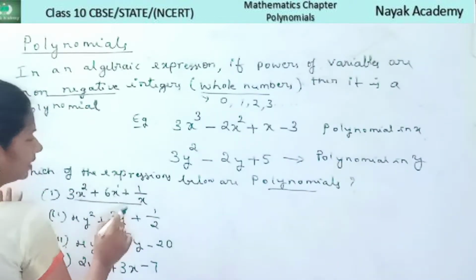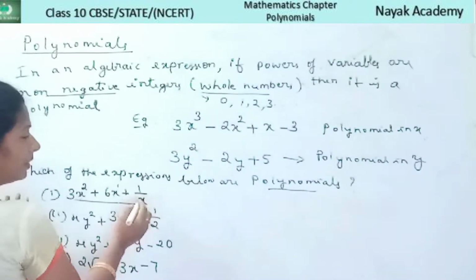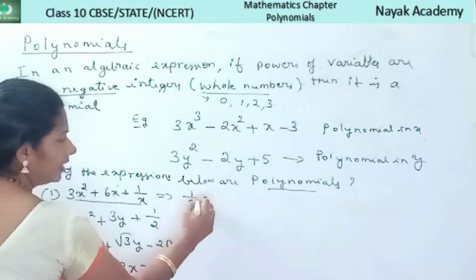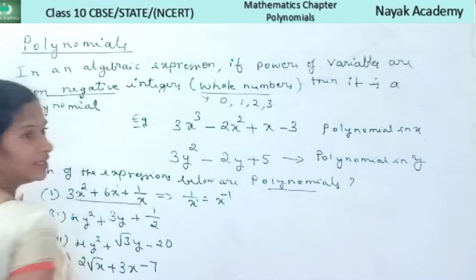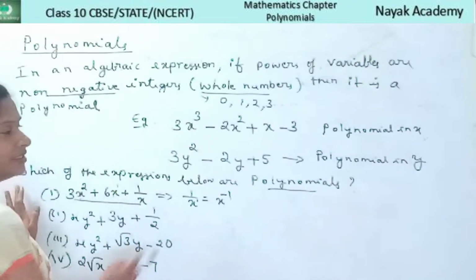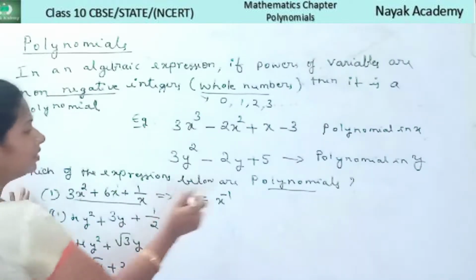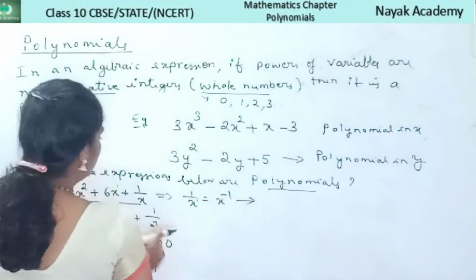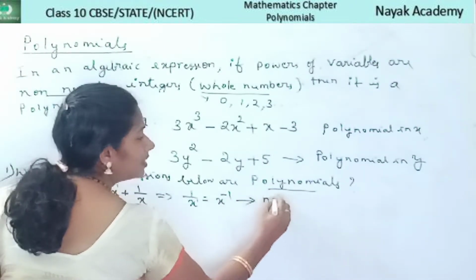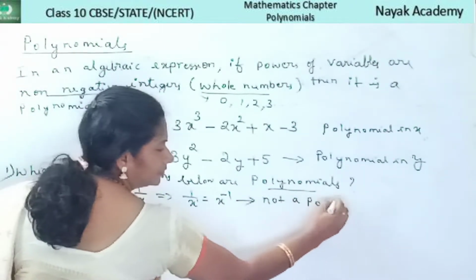Now come to the third term, 1 by x. You can write it as x to the power minus 1, and the power of the variable is not a whole number, it is a negative integer. So what is your conclusion, children? This expression 3x square plus 6x plus 1 by x is not a polynomial.